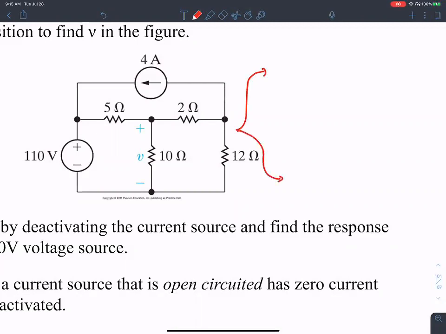Pay careful attention to what I'm doing here. The first thing I'm going to do is deactivate the current source. I'm going to leave the voltage source intact and deactivate the current source.